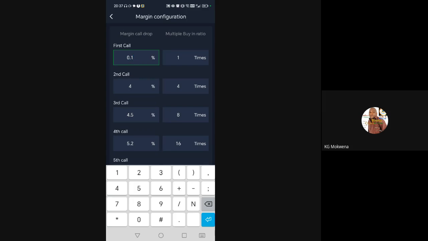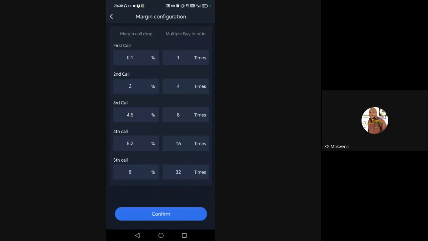Good. Now let's go to a second call. Let's put 2% there because this is going to be on cycle for those who are listening. We know Bitcoin has a bullish momentum going into 2025, for instance, so we don't need bigger percentage drops. Now everywhere on the multiple buy-in ratio, you'll have 1. Put 1 everywhere on the multiple buy-in ratio. Where there's 4, you put 1.